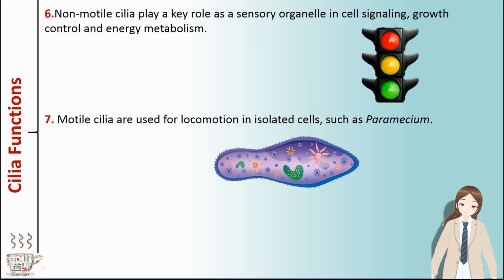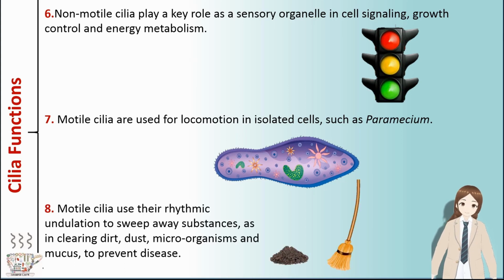Number 7. Motile cilia are used for locomotion in isolated cells, such as paramecium. And number 8. Motile cilia use their rhythmic undulation to sweep away substances including dirt, dust, microorganisms, and mucus to prevent disease. Now I want to compare cilia with flagella.